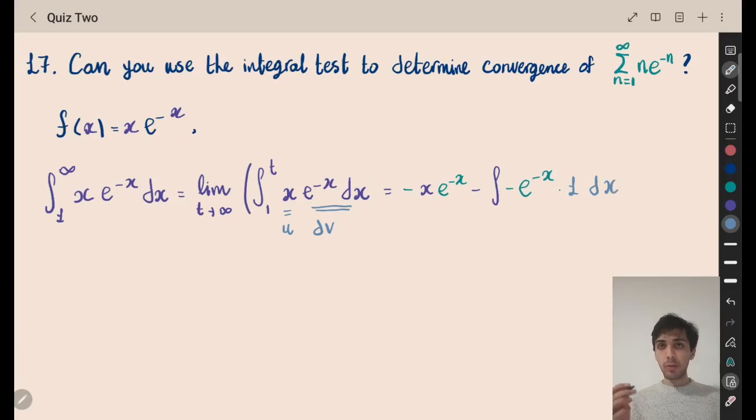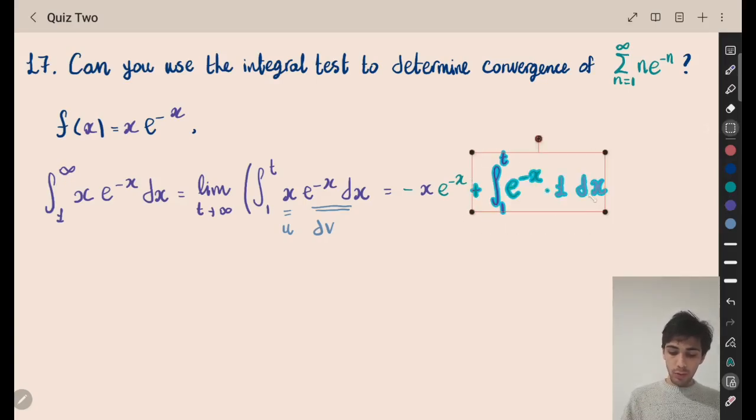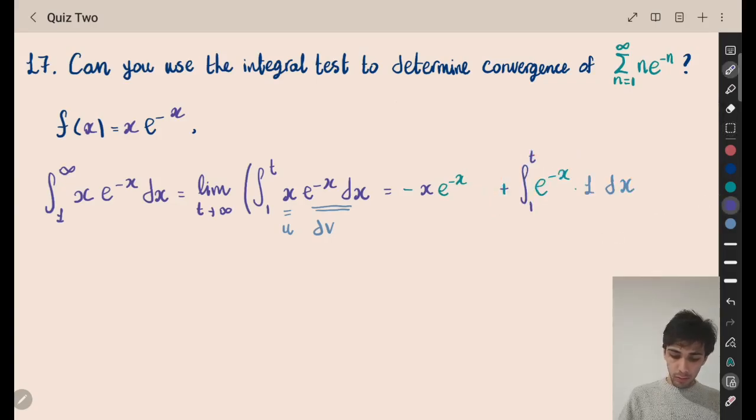For a moment I thought I forgot how to do integration by parts, but I'm glad this is not the case. Now here we have two minuses. The integral of e to the minus x is just minus e to the minus x. Very important note, you also have to include the boundaries. Very important. And here we also need to include the boundaries.